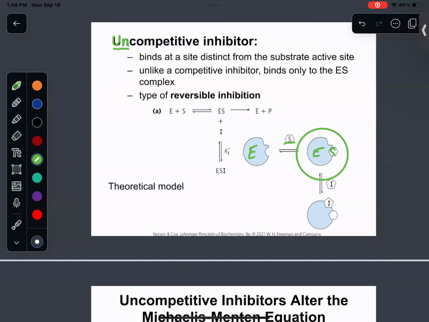In other words, once the original uninhibited substrate comes in and binds to this enzyme, the enzyme is kind of going to change shape a little bit, right? That's what the induced fit model is kind of talking about, as opposed to the more lock and key version of things. So when the uninhibited substrate binds to the enzyme and gives us the enzyme substrate complex, the enzyme is going to change a little bit of shape, right?